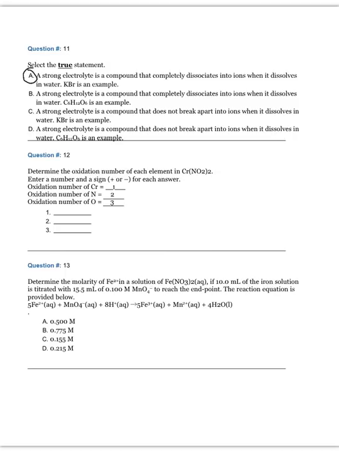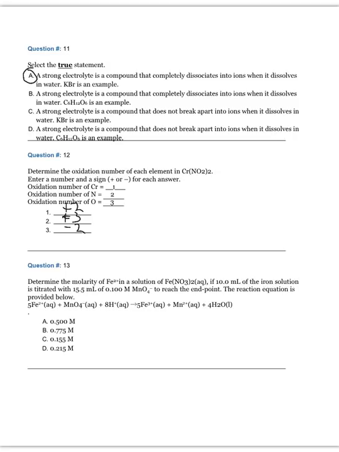Blank number 1, the oxidation number for chromium is +2, or 2 plus. The oxidation number of nitrogen is +3, or 3 plus. The oxidation number of oxygen is -2, or 2 minus.